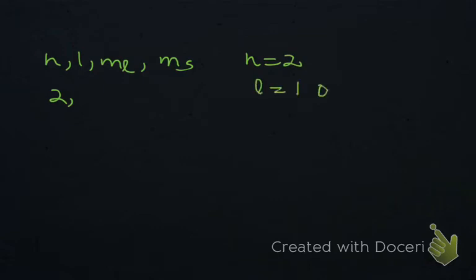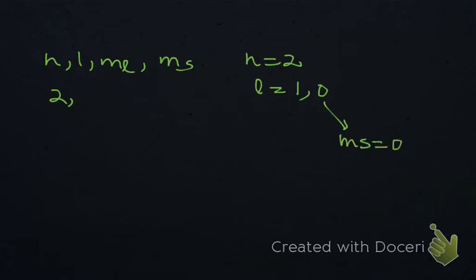Here we have n equal to 2. If n equal to 2, l is 1 and 0. For 0, ml is also 0.